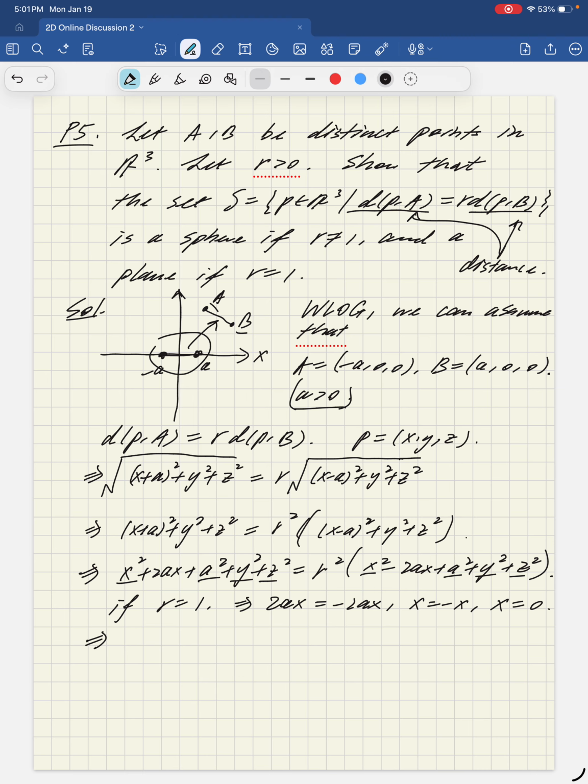And if x is 0, we have my set S is going to be all points P equals x, y, z, such that x equals 0. But then this is just my yz plane. And so this indeed, when R equals 1, is a plane.